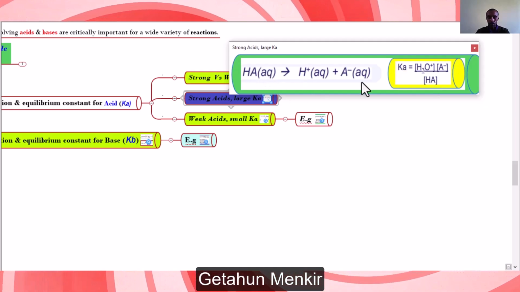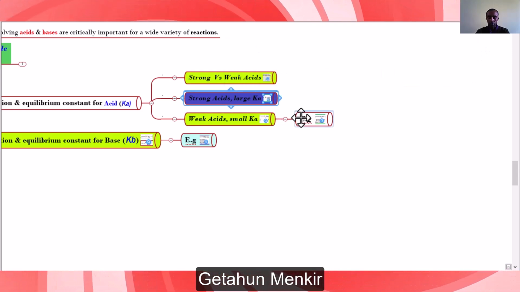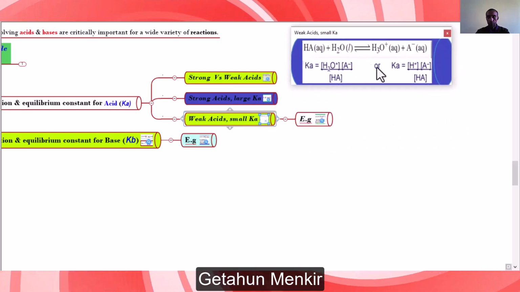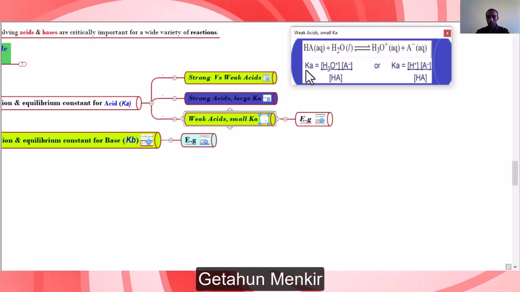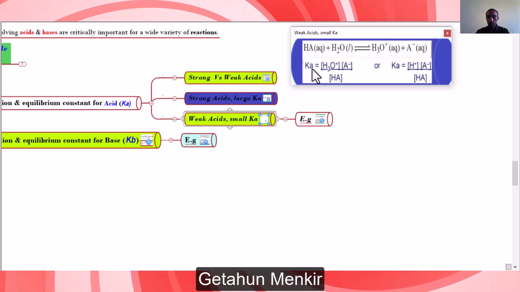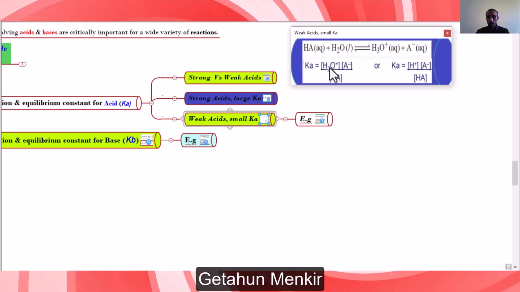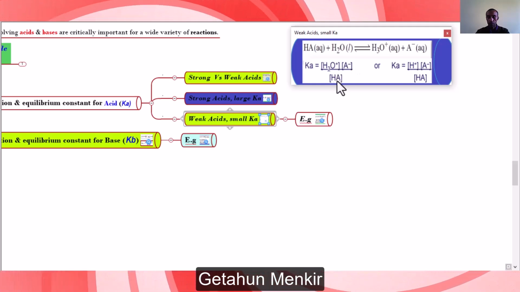Another thing is the equilibrium constant for a weak acid, which is represented by a double arrow. So you can write the equilibrium concentration expression for this acid because it is weak: the equilibrium concentration of the hydronium ion times the concentration of A minus divided by the concentration of this acid.